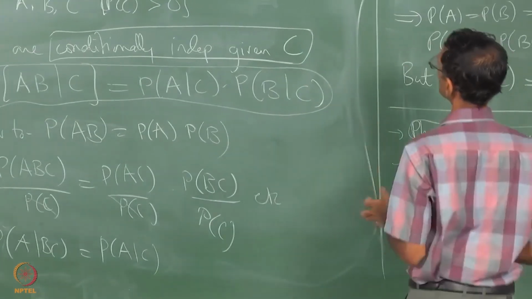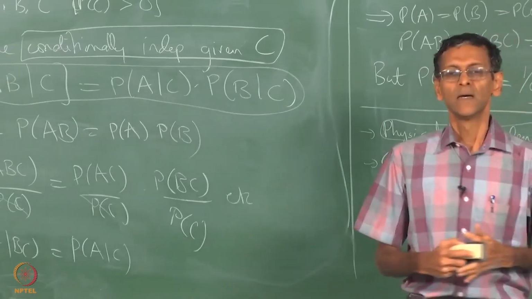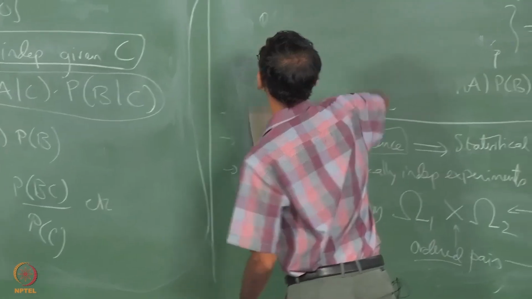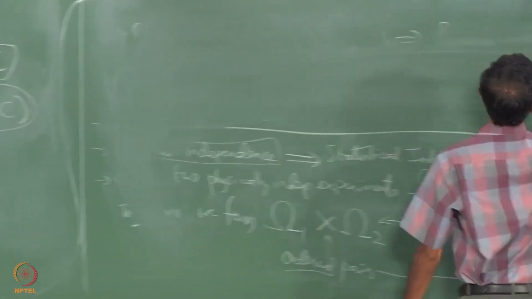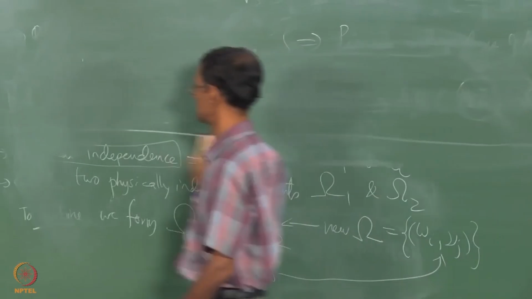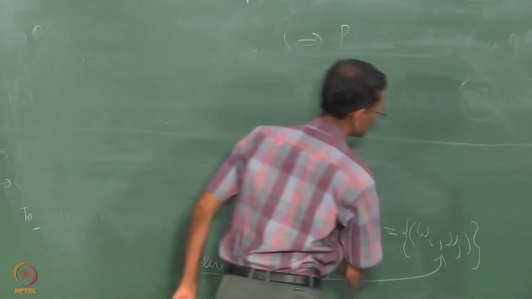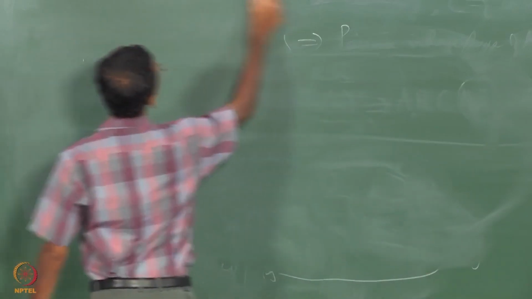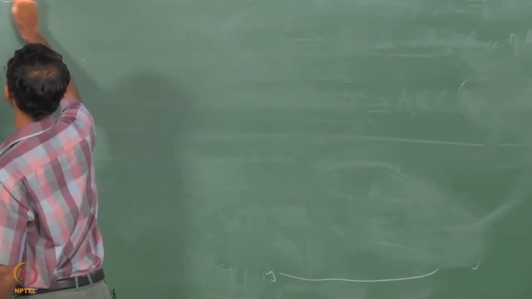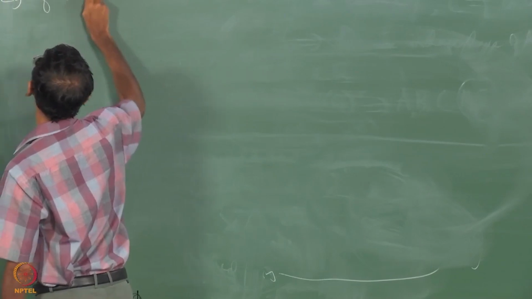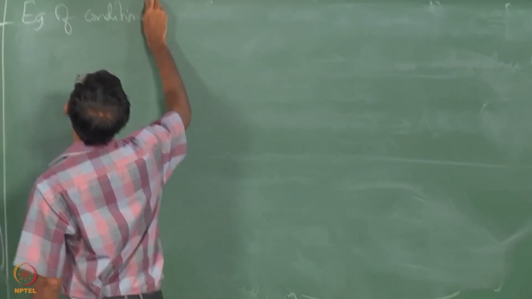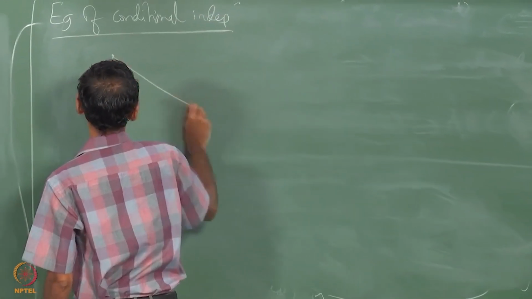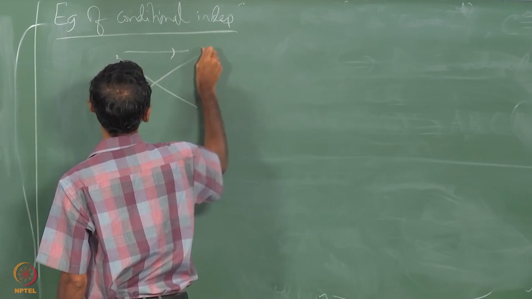Now where do you encounter conditional independence in practice? We go back to our communication channel that we talked about yesterday. So an example of conditional independence: supposing you have multiple uses of this channel.